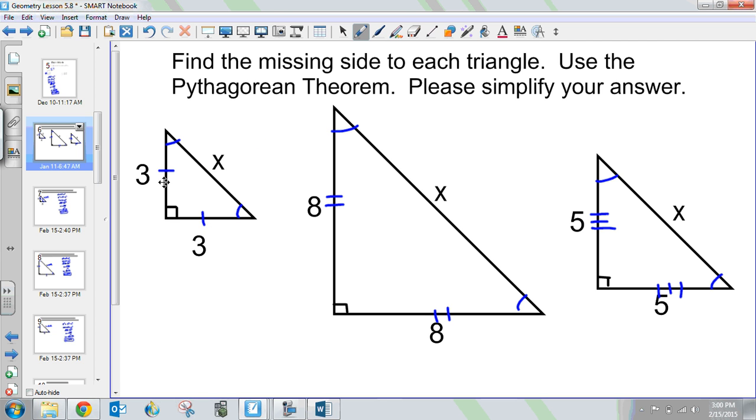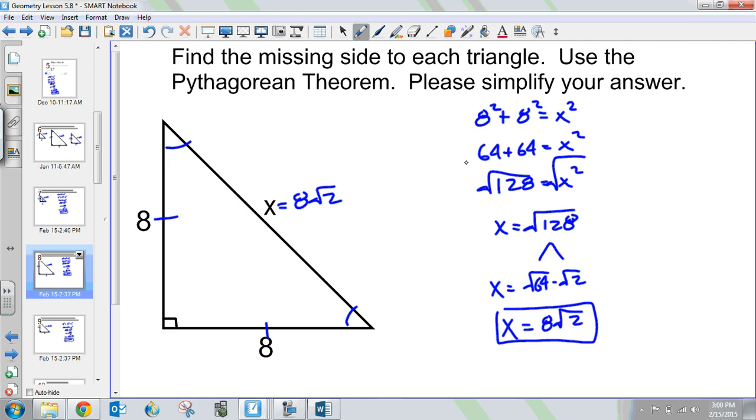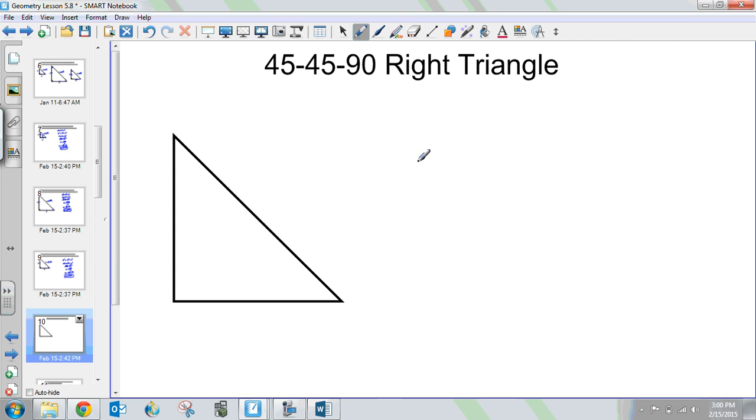If these legs are both 3, then my hypotenuse is 3 root 2. If these legs are both 8, then my hypotenuse is 8 times the square root of 2. If these are my legs, then I get 5 times the square root of 2. So this is pretty interesting, and it leads us to a definition.